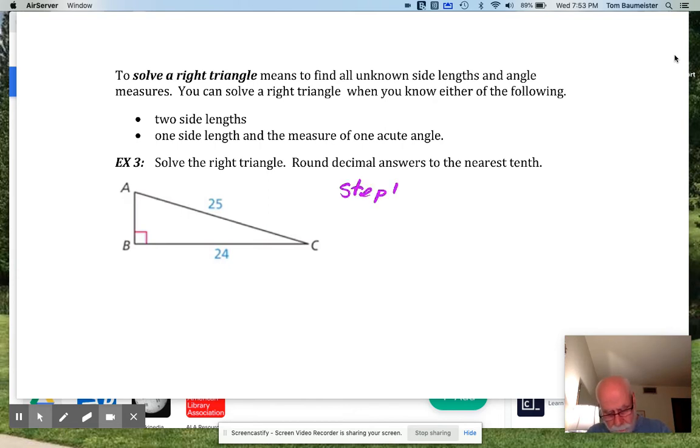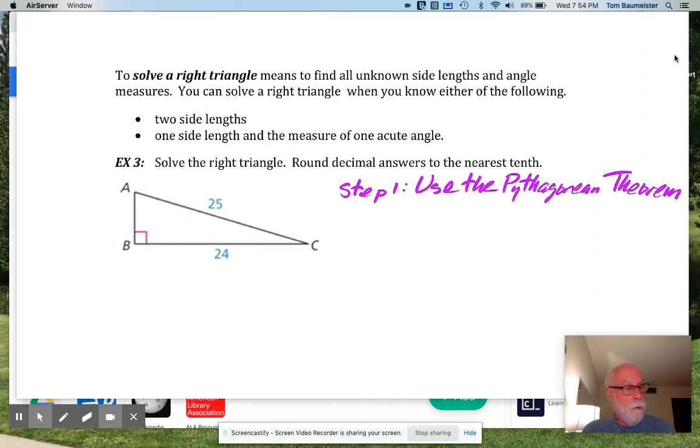Step 1, use the Pythagorean Theorem to find the missing side length.